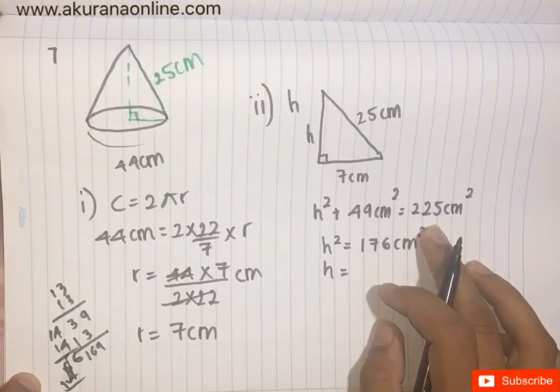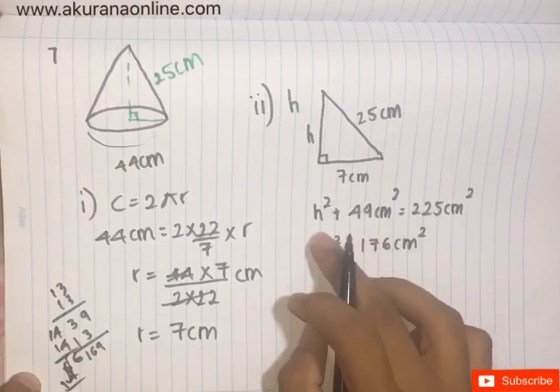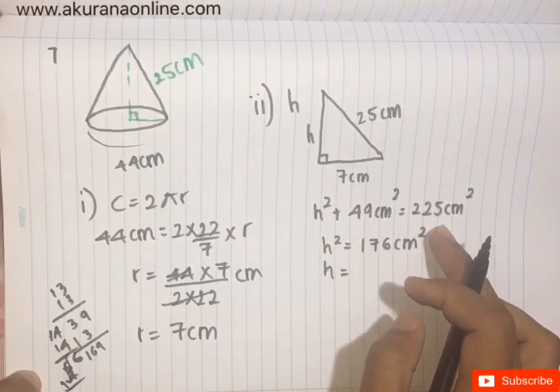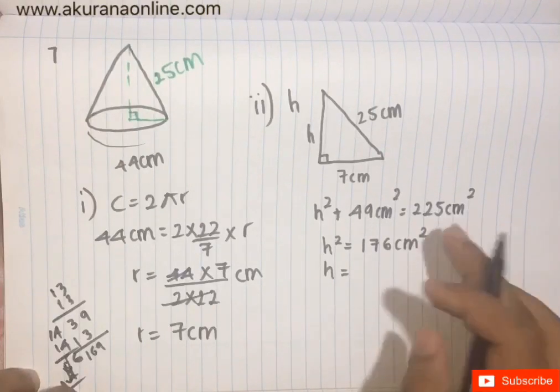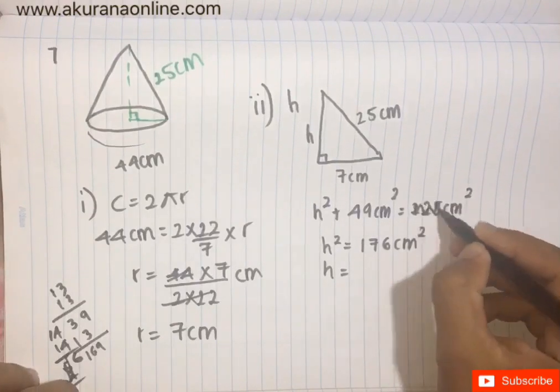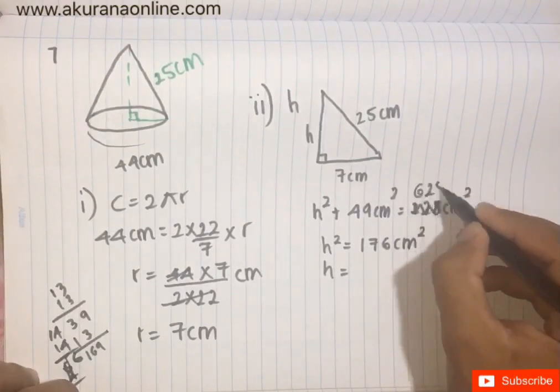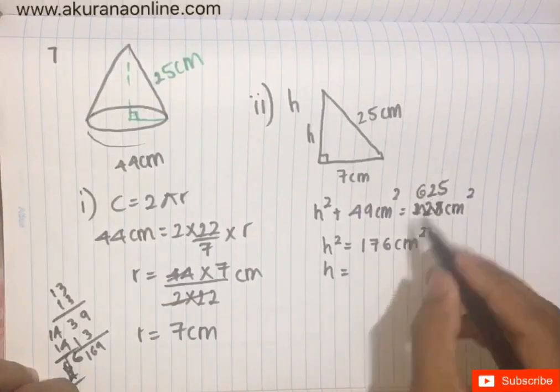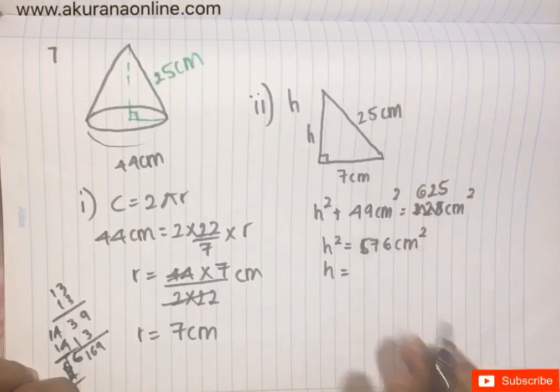The slant height is given as 25, so 25 squared is not 225, sorry, the mistake is this. It should be 625. Therefore, here the answer will be 576.